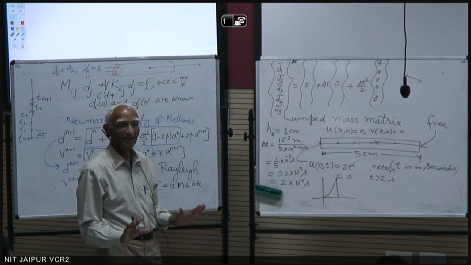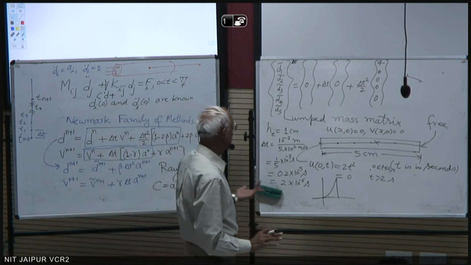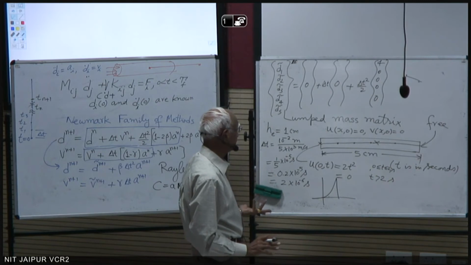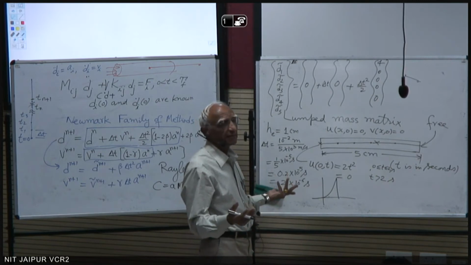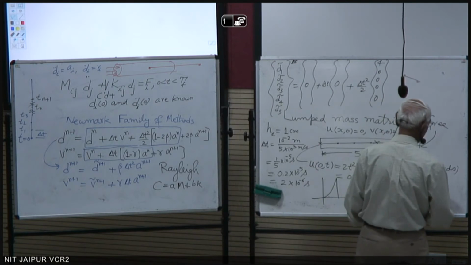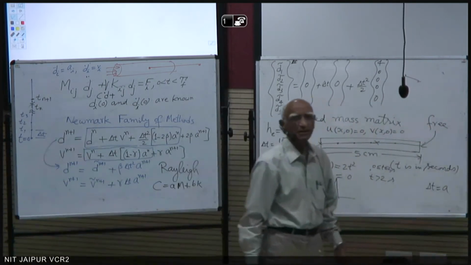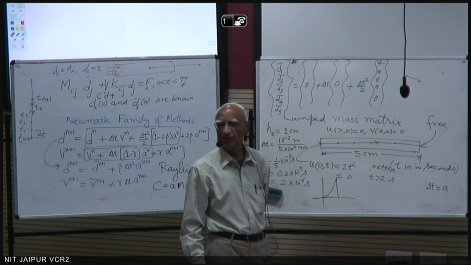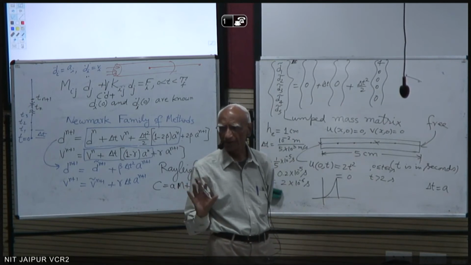Okay? And you know the value of delta t, let's say you took delta t equal to a, because it's like h over wave speed, some very small number you took.